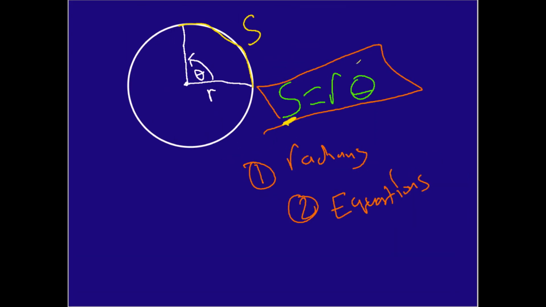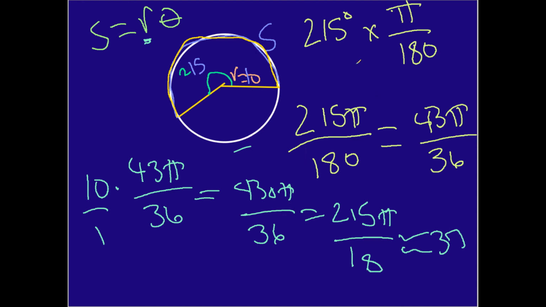In this example, we had our angle of 215 degrees and converted it to radians by doing 215 times pi over 180. When we simplified it, we got 43 pi over 36, and we multiplied that by 10, because 10 was the radius of this circle. So we got 430 pi over 36, which simplifies to 215 pi over 18. If you calculate it in a calculator, you'll get about 37.5. And this is how you address that.